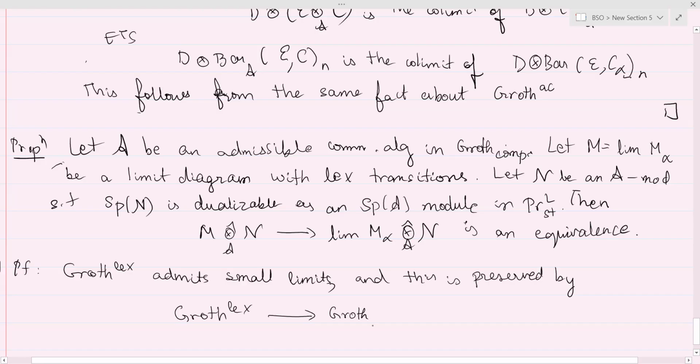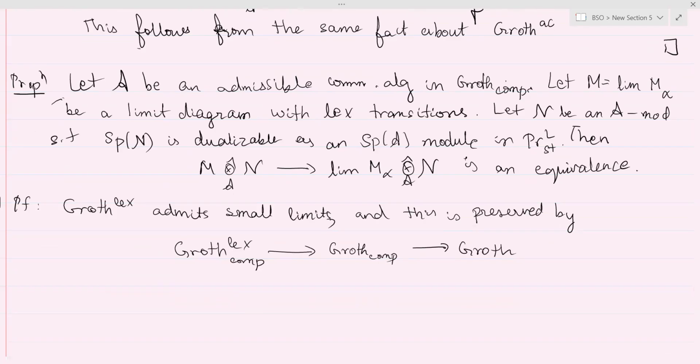So in particular, the localization from Groth to Groth comp preserves limits with left exact transitions. So since you have a diagram which already has left exact transitions, this limit makes sense and it exists.